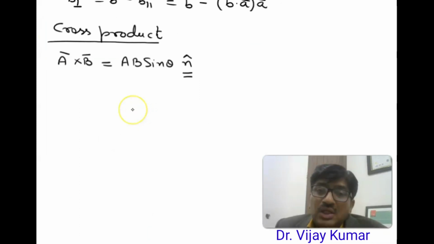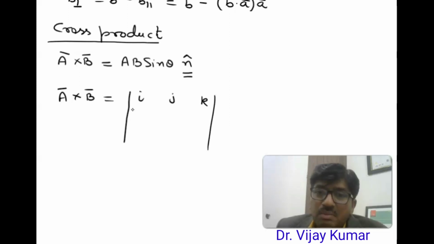Mathematically, if we want to determine A cross B, then we can calculate it by the determinant of i, j, k; Ax, Ay, Az; Bx, By, Bz.